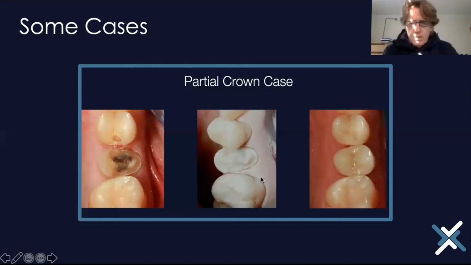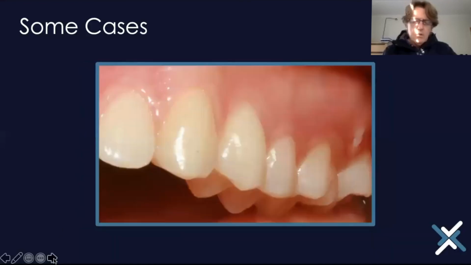This case was done in the old days when we used a contrasting powder to create a non-reflective surface for the older cameras to be able to see. And over here, you can see a little bit of work done post-milling to create a nice, minimally invasive restoration, saving at least the palatal cuspal wall and going over to buccal, with a nice restoration result for the patient.